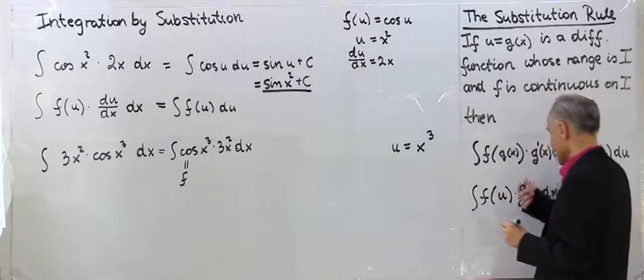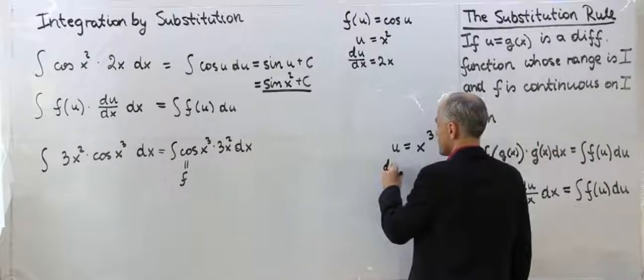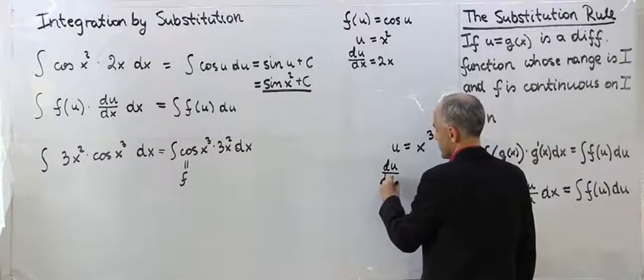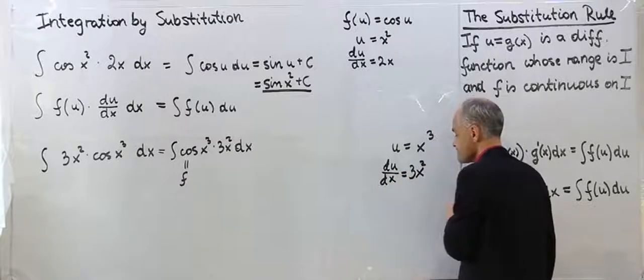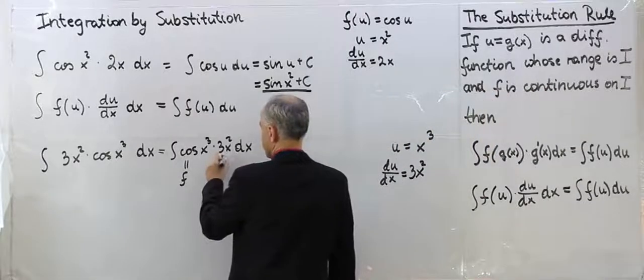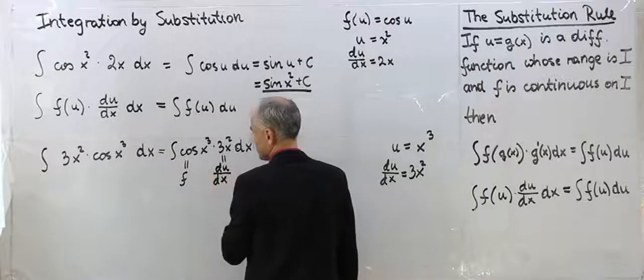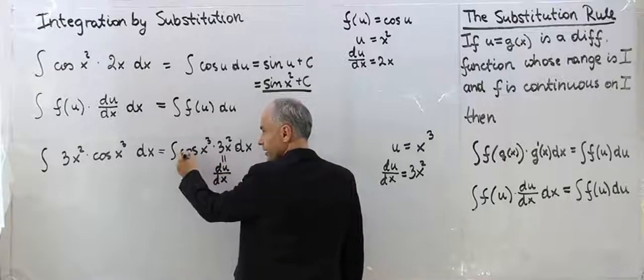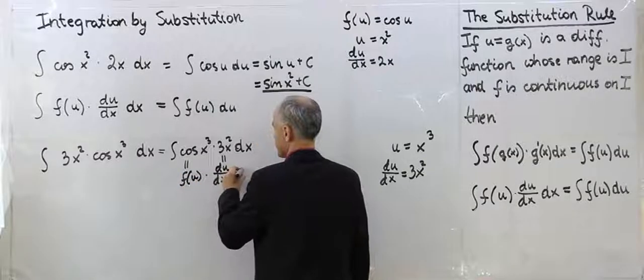Then notice that for the substitution method I need the derivative, right? So du by dx is equal to 3x squared. So this part is du by dx. And the whole thing, cosine of x to the third, is f of u, right?